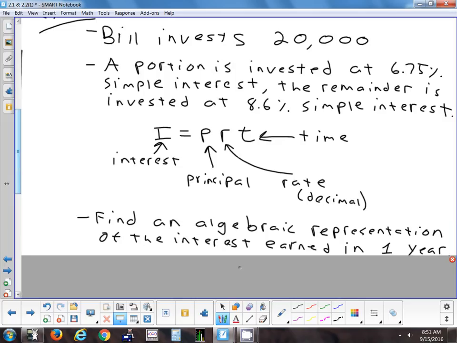Because I know the interest rate, and I know the time is a year, so R is not a variable, T is not a variable. What do I need a variable for, Alan? Right, we know he has a total of $20,000, but we don't know how Bill's going to split it up.